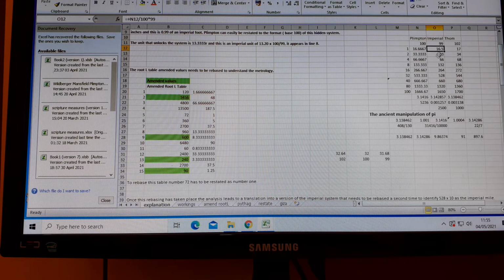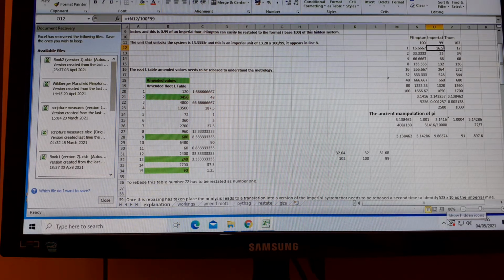So I'm changing that to base 99 by dividing by 100 times by 99, and we get 16.5, which is the imperial rod of 16.5 feet. If we do the same to 102, we get 17, and that's the Thom rod, although it isn't, because Thom calls the rod 68 units, and that's 17. So that's a quarter of a Thom rod. So Thom didn't quite get his notation right, but it doesn't matter.